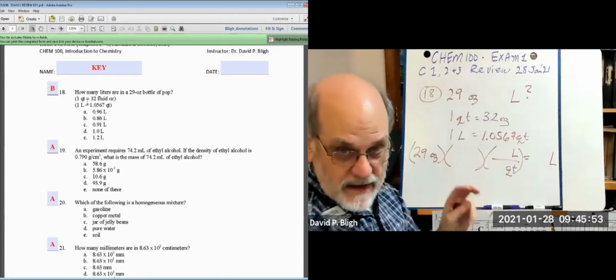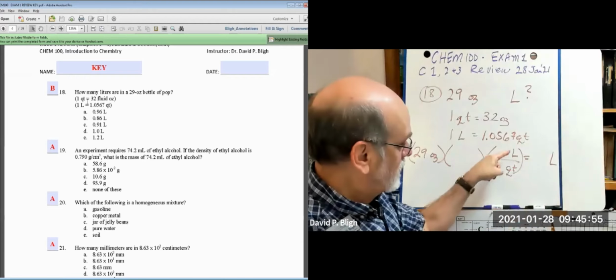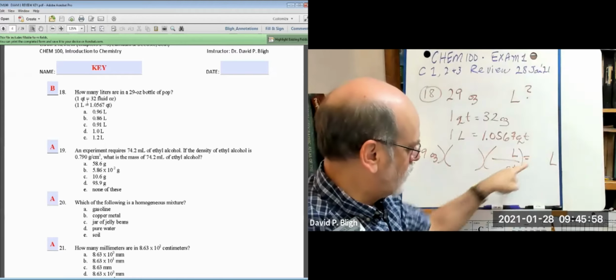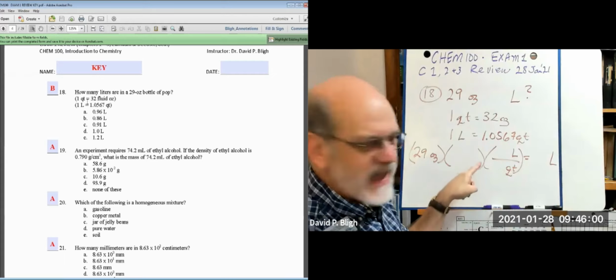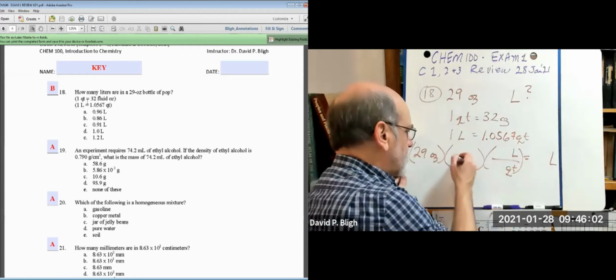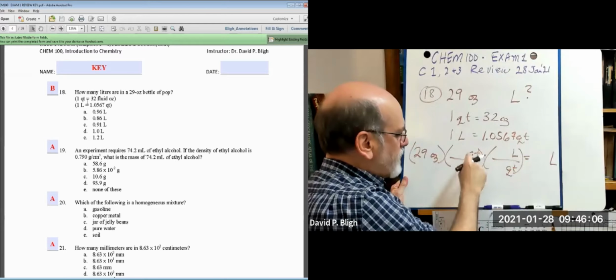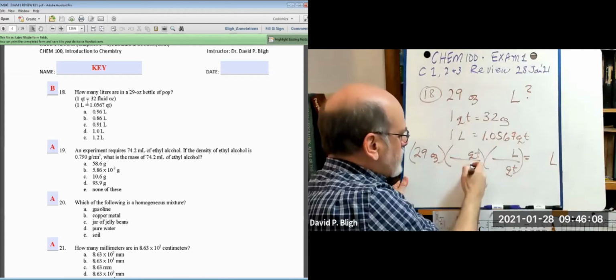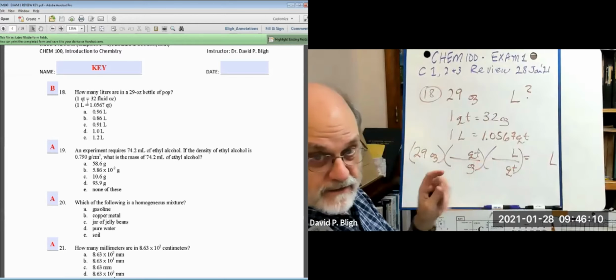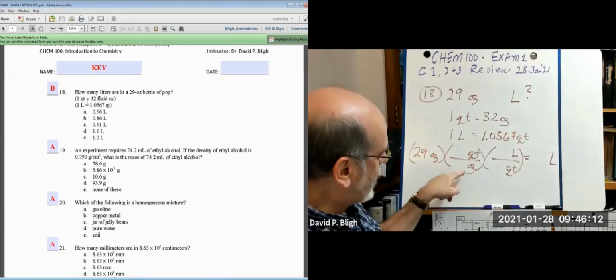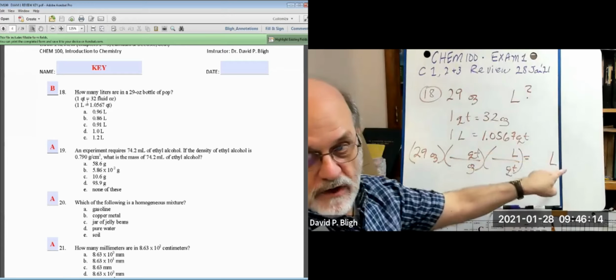Well, analyze the dimensions. Liters on top, that's good. Quarts on the bottom, that means we have to cancel quarts over here. If it's on the bottom there, it's got to be on the top here. So what do we have? Quarts, ounces on the bottom. So that works. Ounces cancel, quarts cancel, liters are left over.